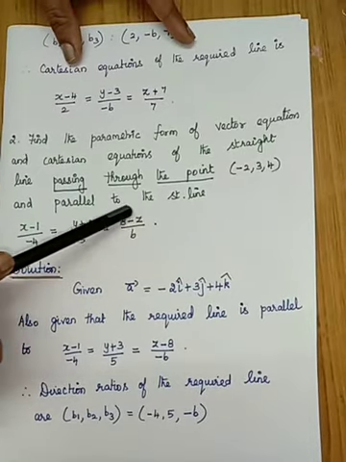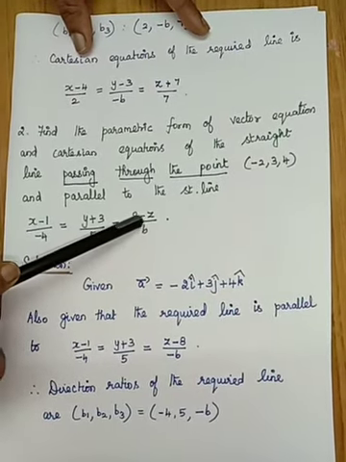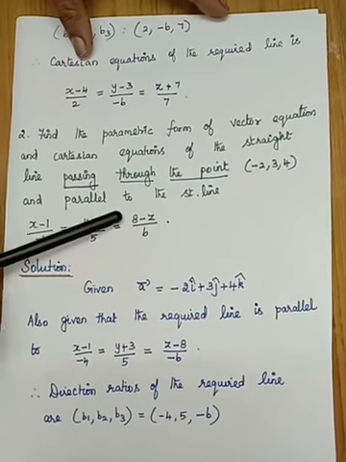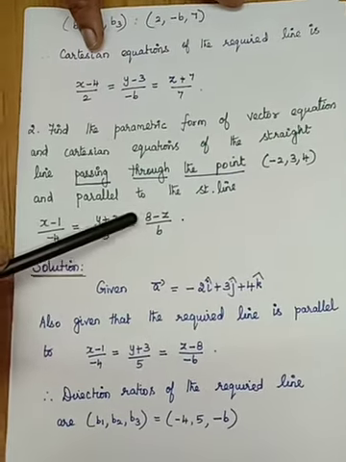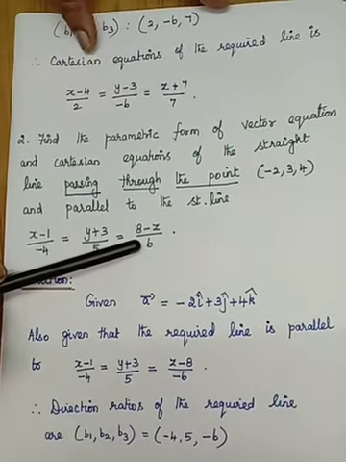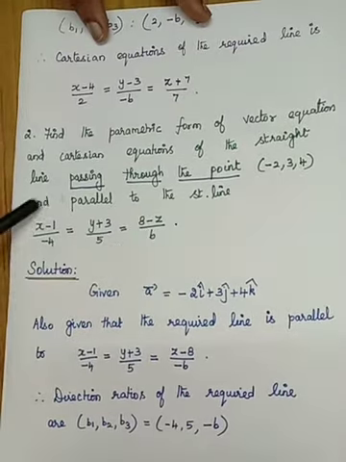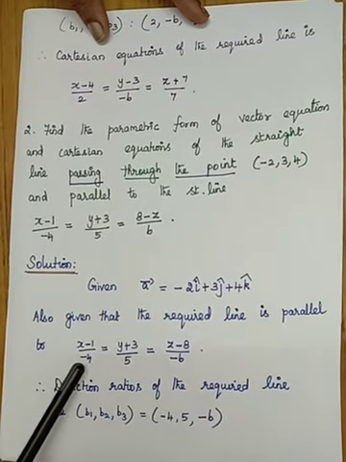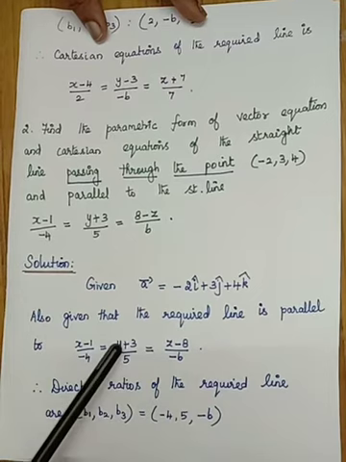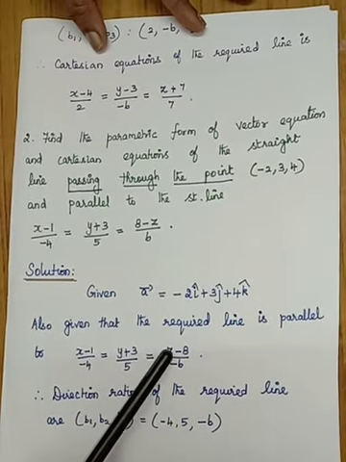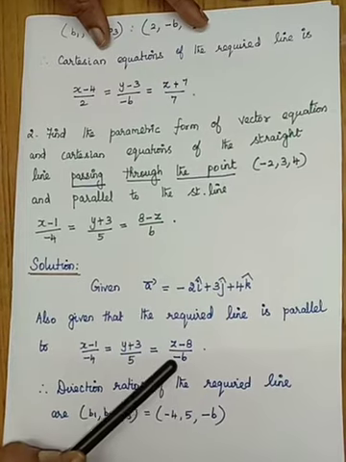If you take minus out, it will become z minus 8. So in the front, minus you have to give to the denominator. So the given line can be written as x minus 1 by minus 4, which is equal to y plus 3 by 5, is equal to z minus 8 by minus 6.